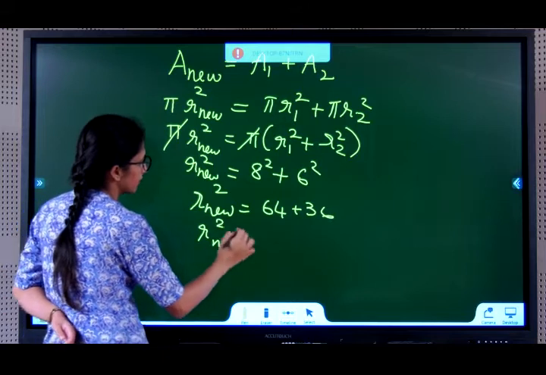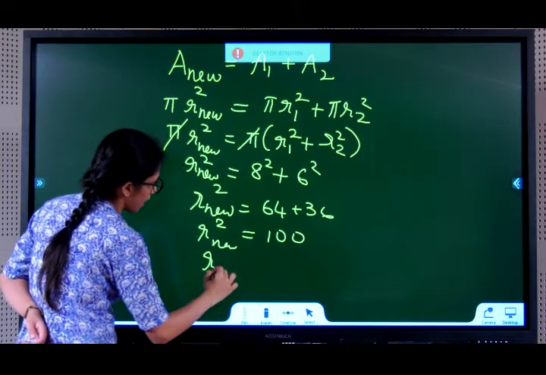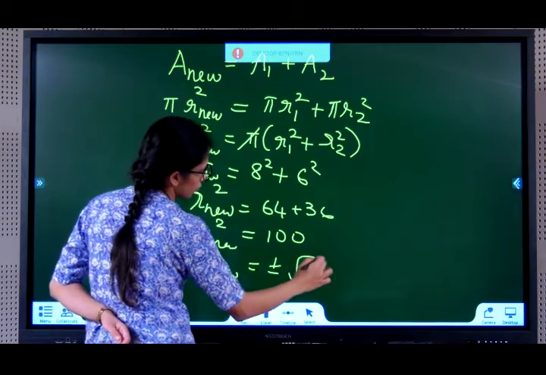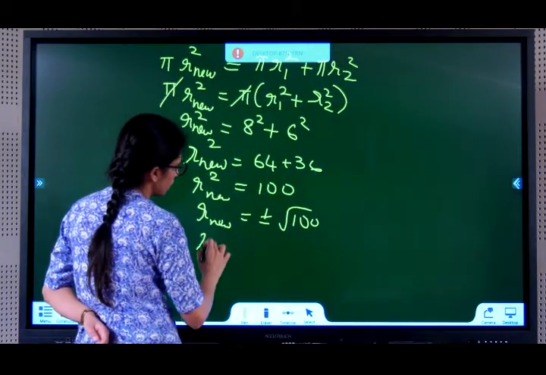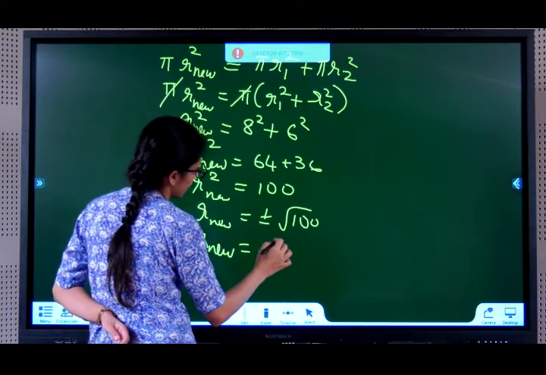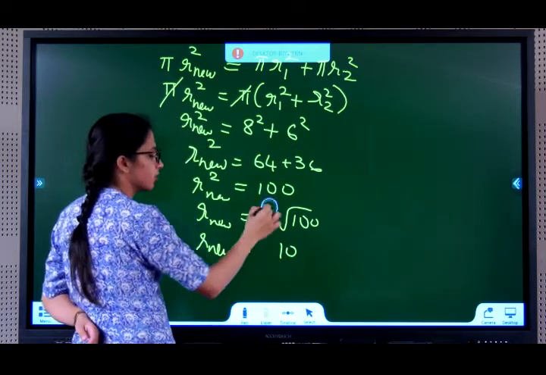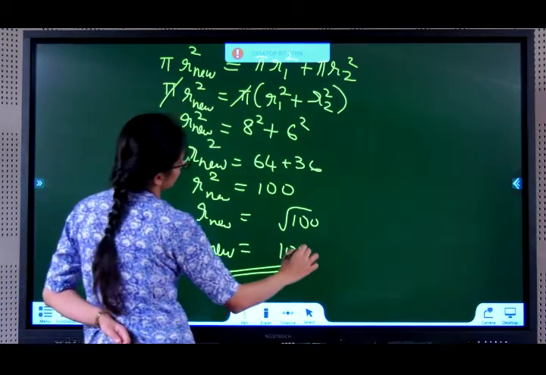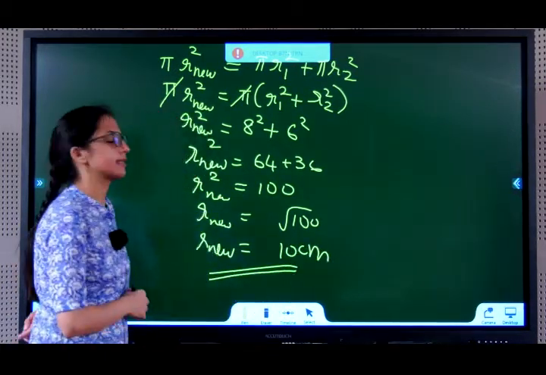R new square is equal to 100. R new is equal to plus or minus root 100, so plus or minus 10. We will ignore the negative sign. Why? Because radius cannot be negative. Unit same as the other two radii, centimeters.